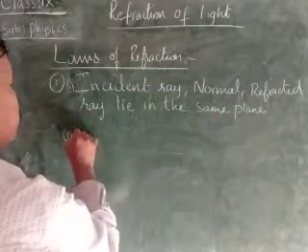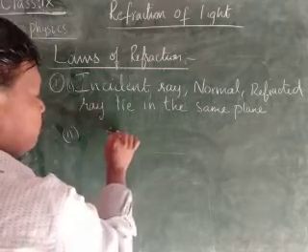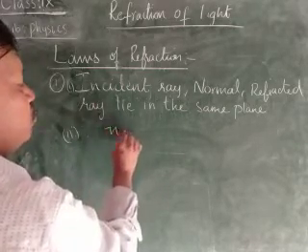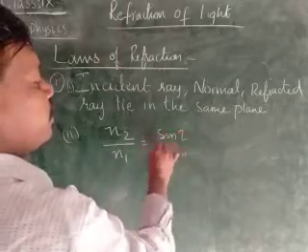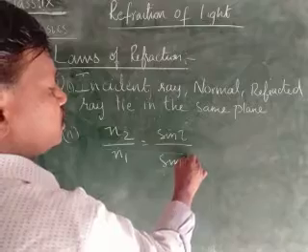The second one is that the ratio n2 by n1 is equal to sin i by sin r.